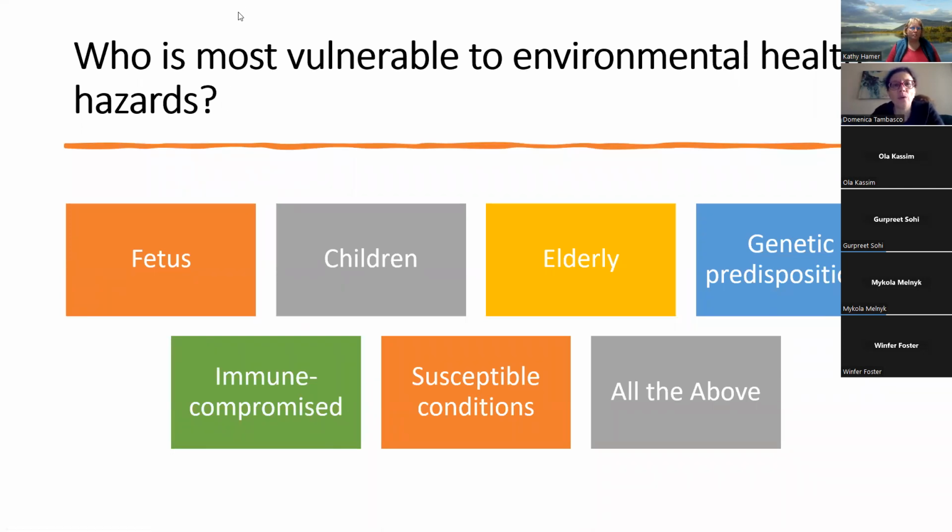So who is the most vulnerable to environmental health hazards? Here are a number of groups that are generally considered to be more predisposed to the effects of their environment. And probably on here there should also be people living in poverty and in unsanitary conditions.